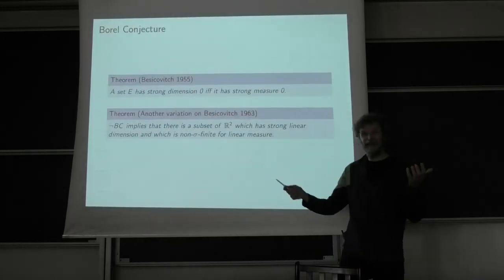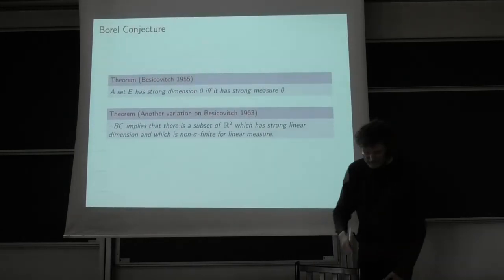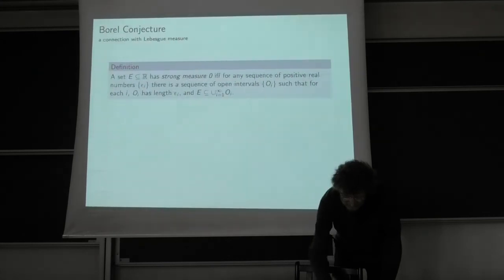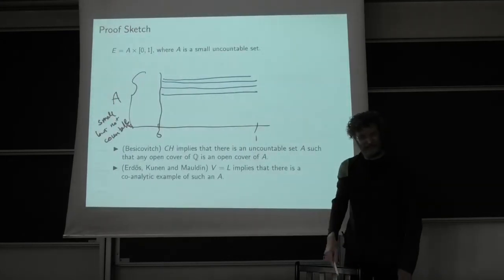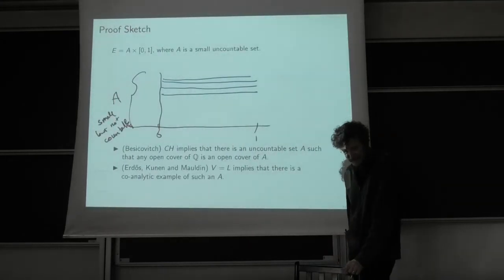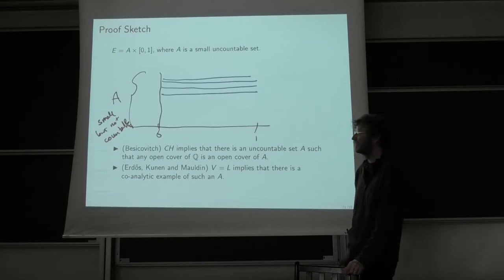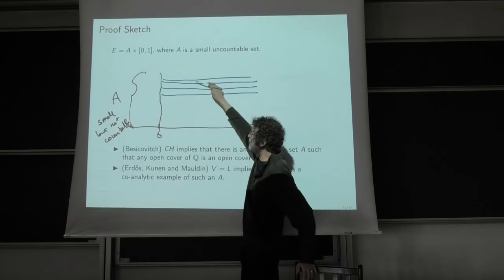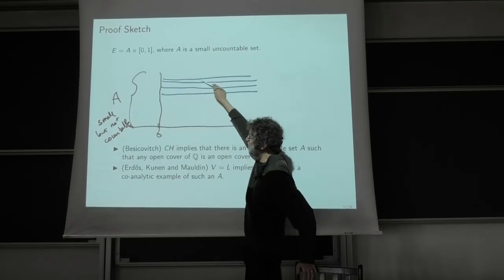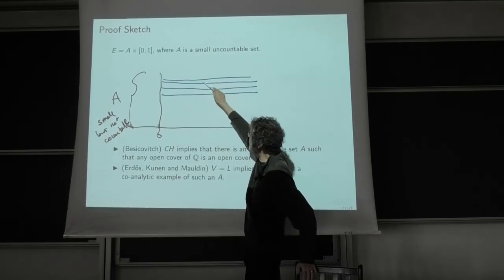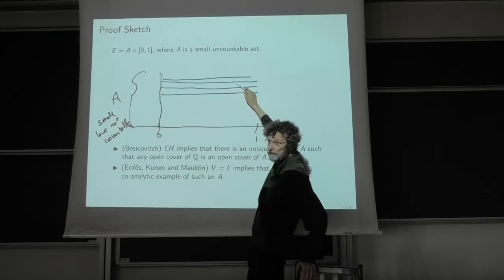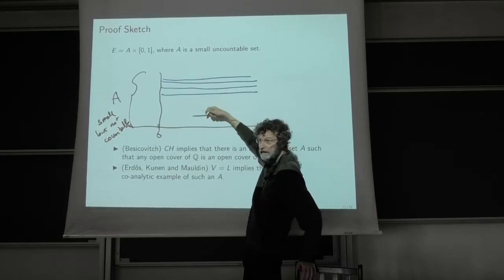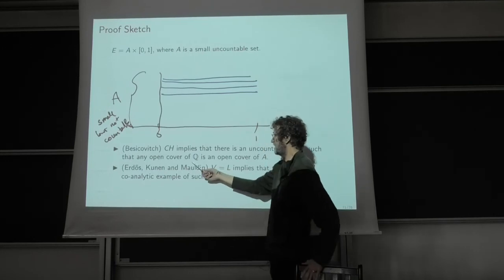The proof of it is exactly the same. It's the same picture. The picture in the Besicovitch proof and this other Kunin-Erdos-Mauldin fact was you take a small set here, and for each element of the small set you put an interval and you line them up in parallel. So CH lets us get this kind of set.